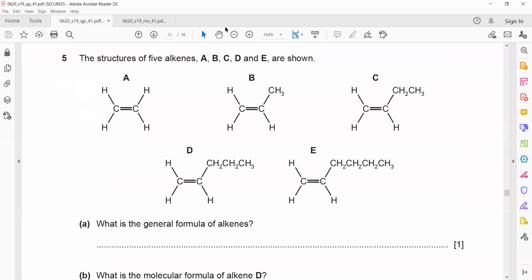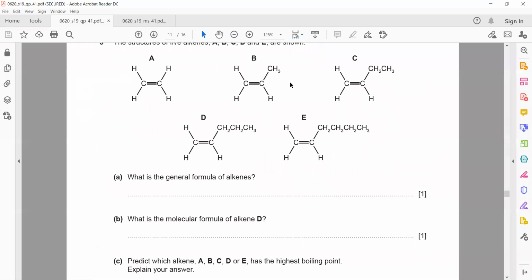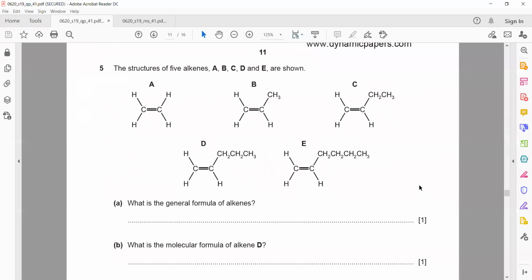The structures of 5 alkenes are shown. What is the general formula of alkenes? Which general formula can we use to identify any alkene? It is CnH2n. What is the molecular formula of alkene D?